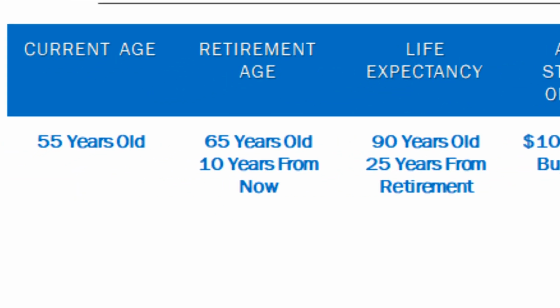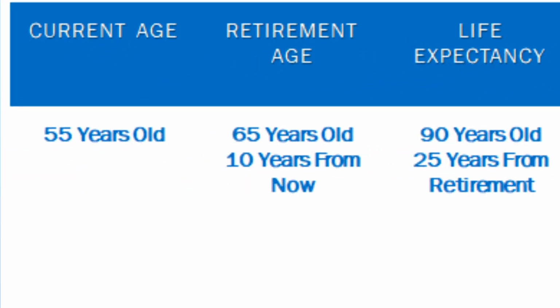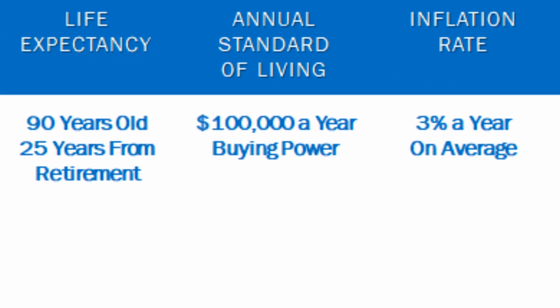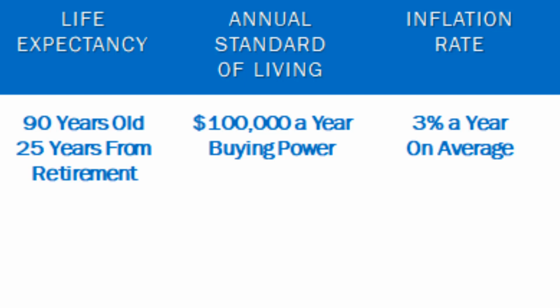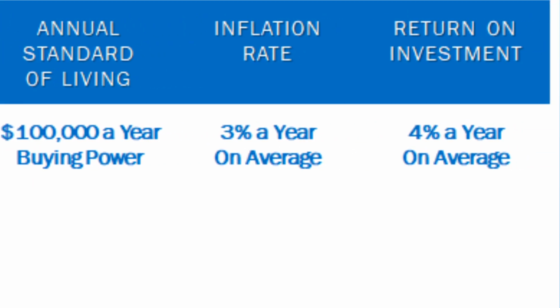Assume that you're 55 years old and you had planned on being financially independent at age 65. Assume you want enough money to be financially independent for your lifetime, which you expect will end at 90 years old. You want this lifetime income to provide you with the buying power of $100,000 a year. You're assuming an inflation rate of 3% and an average return on your investment of 4%.